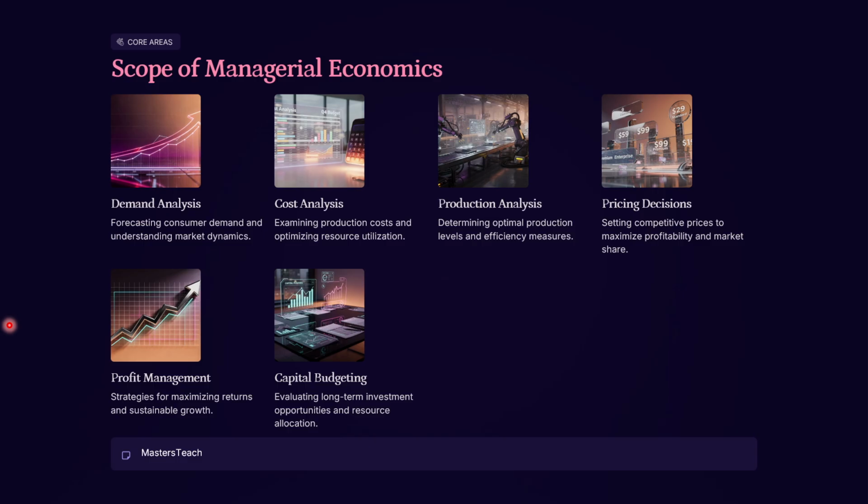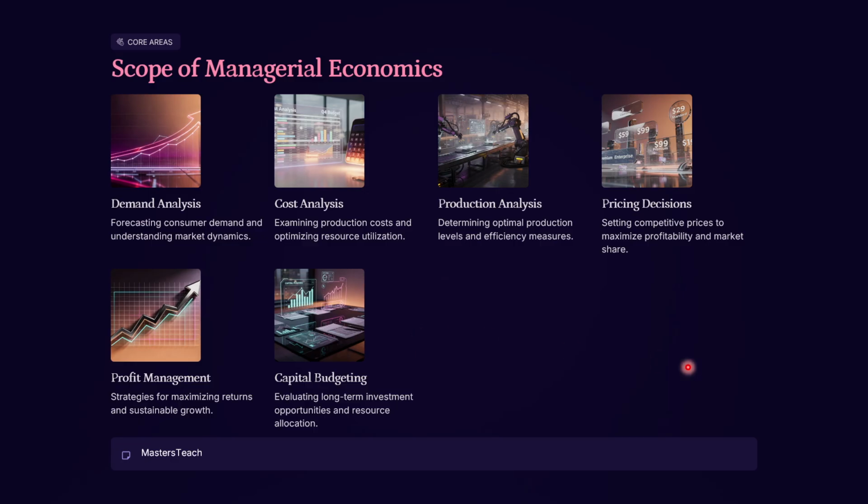Then cost analysis, which covers production cost and how to utilize resources. Then production analysis, which covers maximum use of production level and efficiency measures.